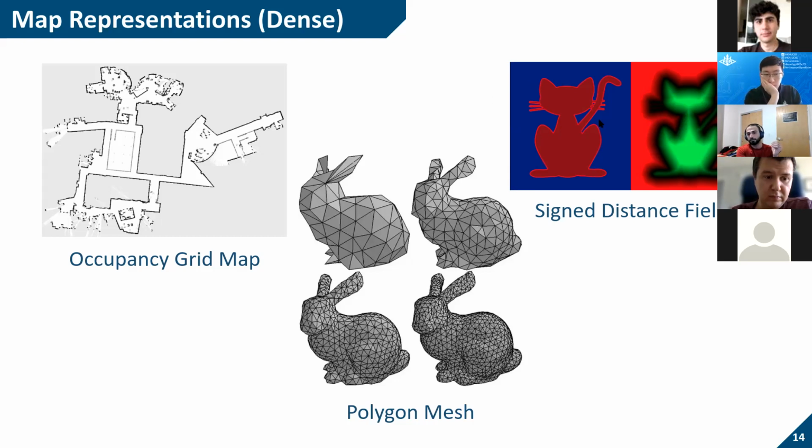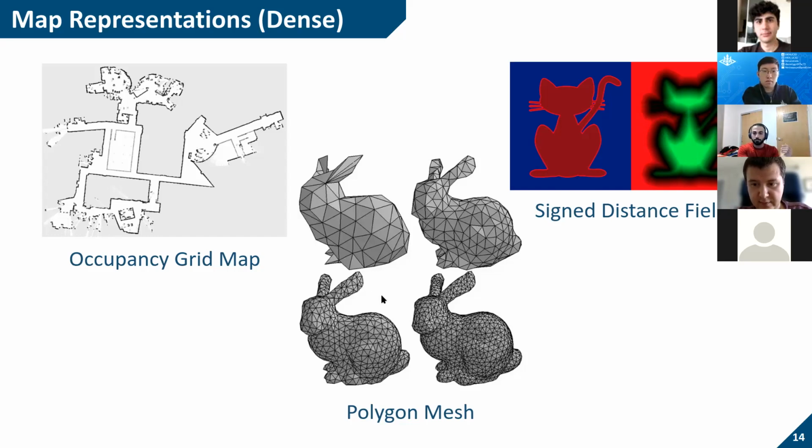If you think of the left part as the image itself, the signed distance field of an image becomes something like the right hand, where in the red zone, we have positive distance. In the black zone, we have zero distance, which means it lies on the surface. And in the green area, we have negative distance. So that's why it's called signed distance field. Signed comes from inside, outside, or on the surface.